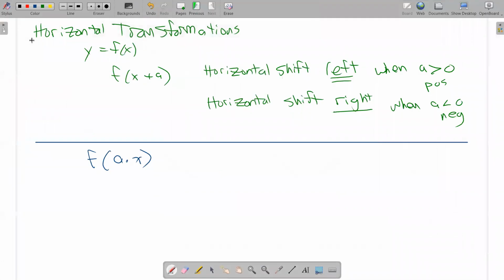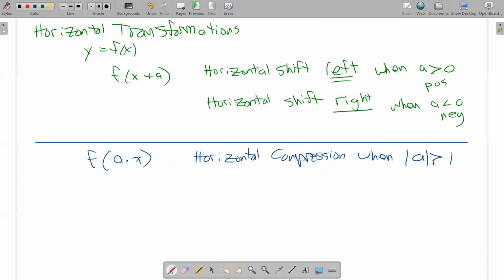So a here is going to be a horizontal compression when a is greater than 1. And the sign thing is just a flip. It turns out the key is really the absolute value of a.